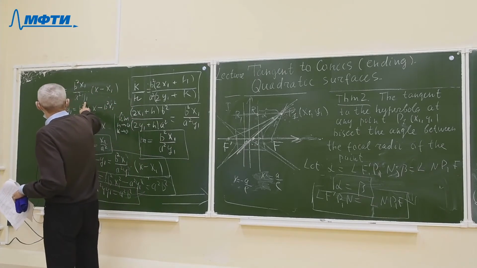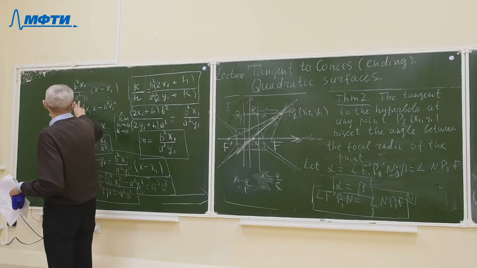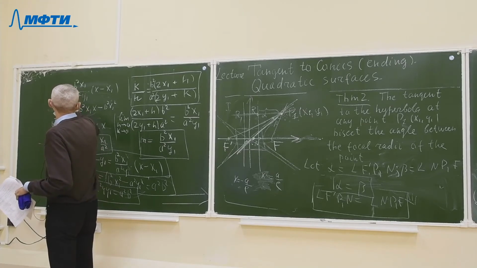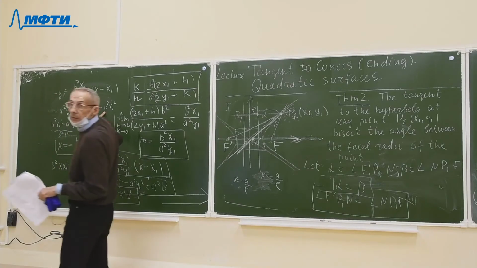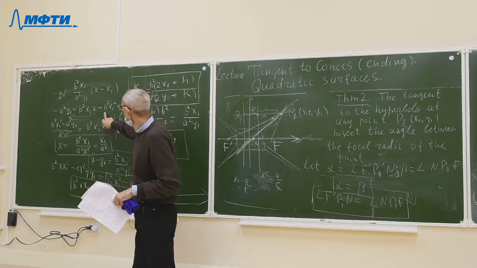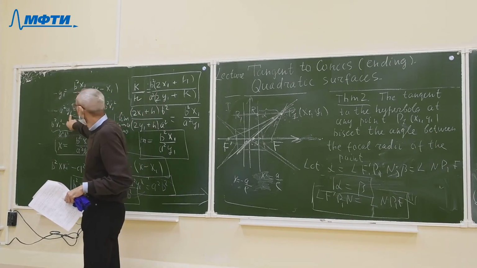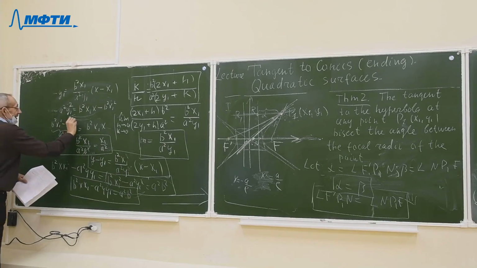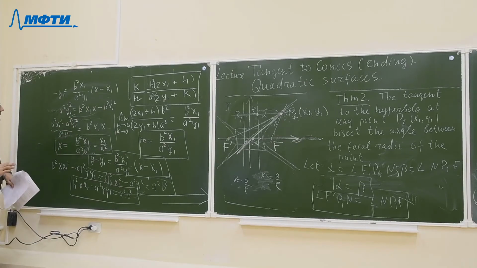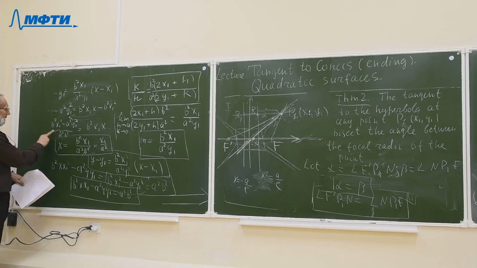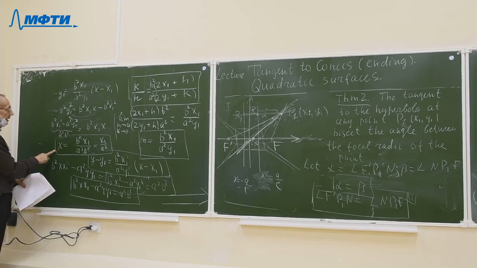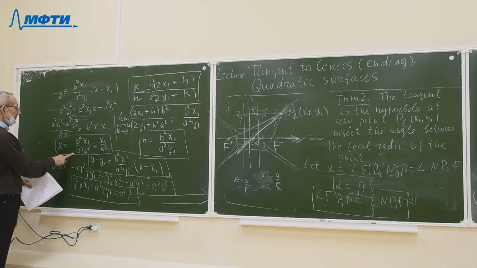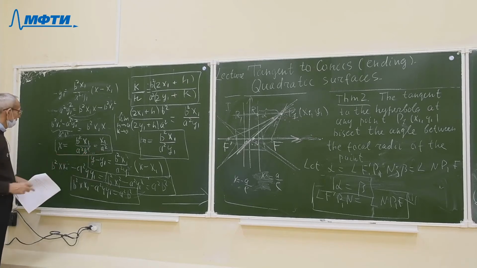Yes, I multiply left and right side, and b square x1 x minus, that's right. Yes, this y1 should be squared, shouldn't it? Yes, thank you, you're right. That's right.